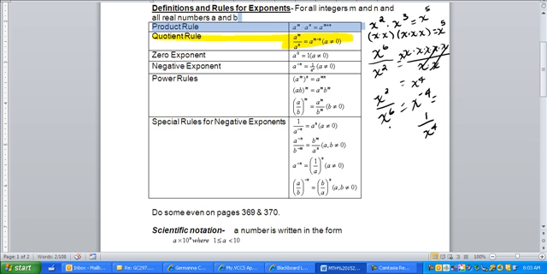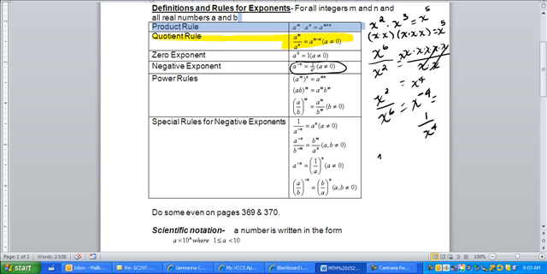Those 2 cancel out, leaving a 1 in the numerator, and 4 factors of x in the denominator. So our negative exponent, and I actually skipped ahead there, means a to the minus n is 1 over a to the n. And again, the base can't be 0. A 0 exponent is defined to be 1.